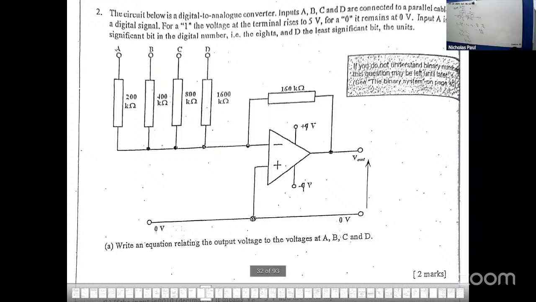Write an equation for the upper V out. Everybody can handle that? Tazana, tell me what V out is.